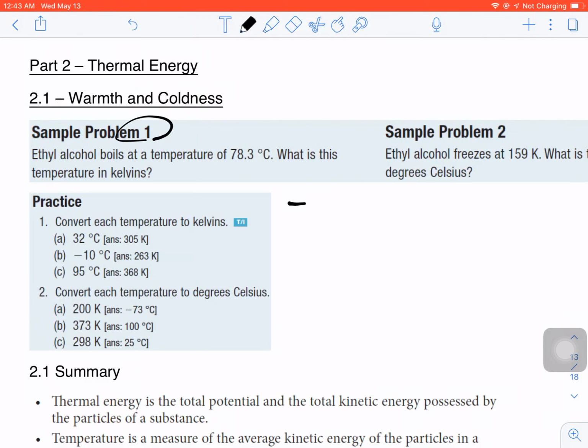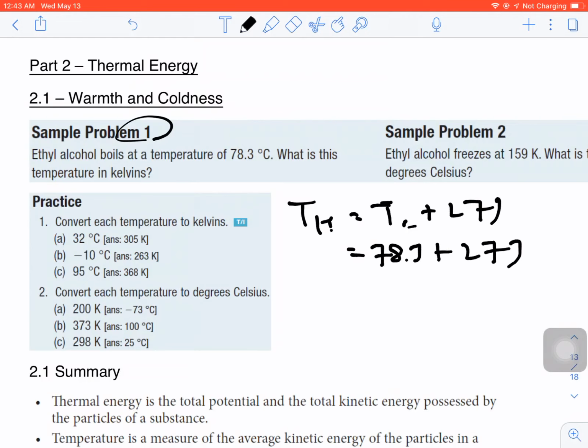So I know that my temperature in kelvins is equal to my Celsius temperature plus 273, which is 78.3 plus the 273 conversion, and I end up with 351.3 kelvins. That's the temperature that ethyl alcohol will boil.